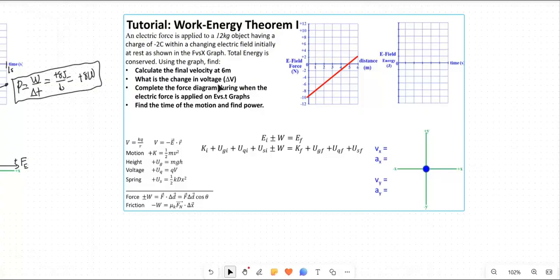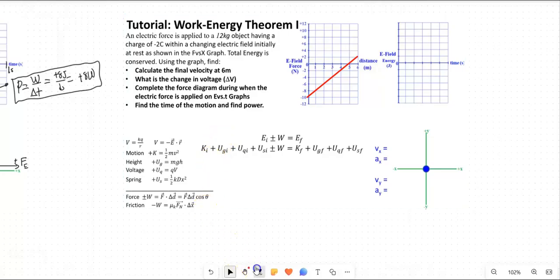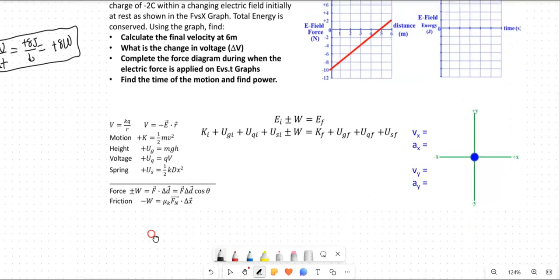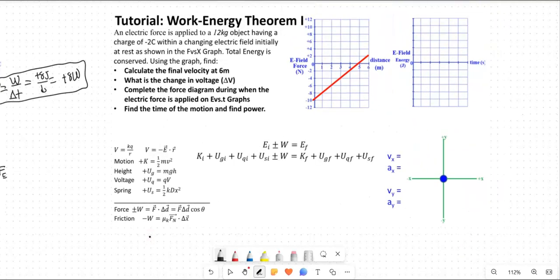Okay, now there's a lot of ways we could do this problem. But the best way is I'm going to start with the energy. Well, actually, I'm going to start with the force diagram.